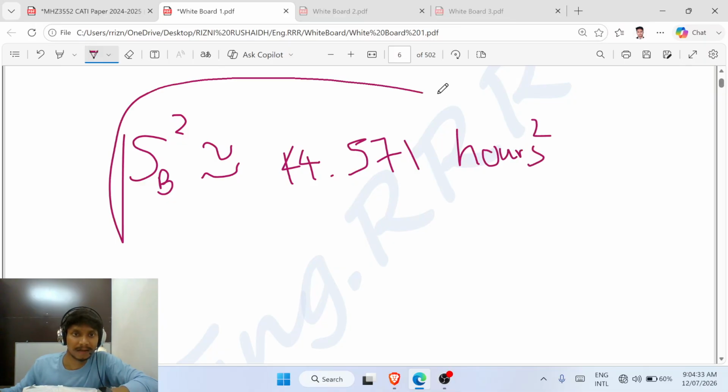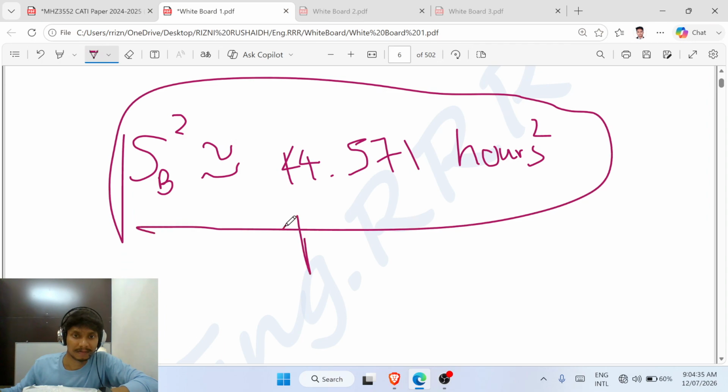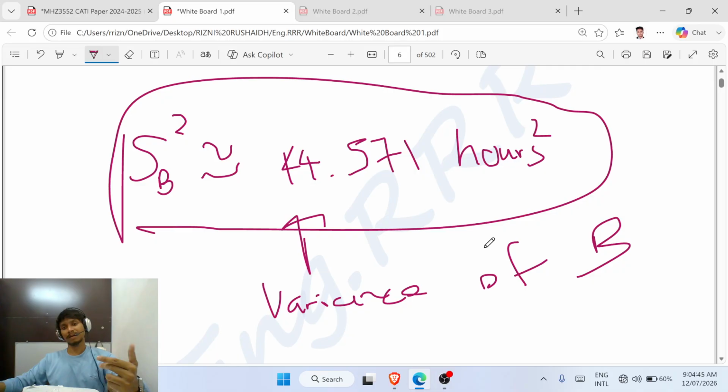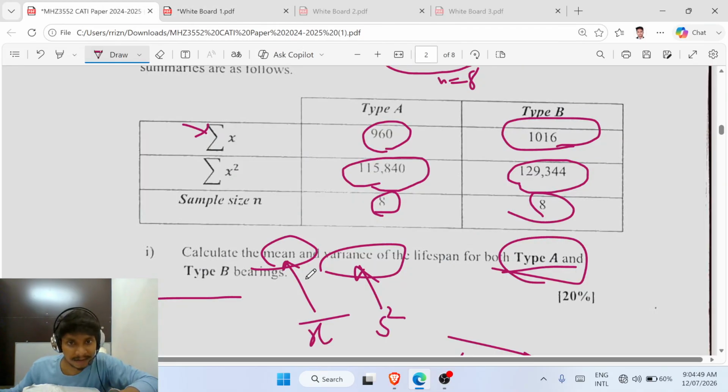This is the variance of B. Now we have found the mean and variance for type A and type B.